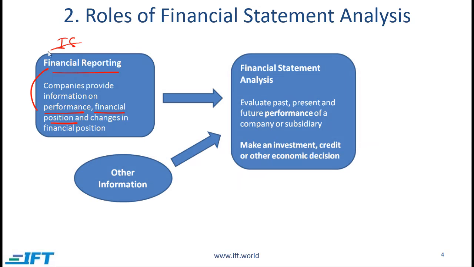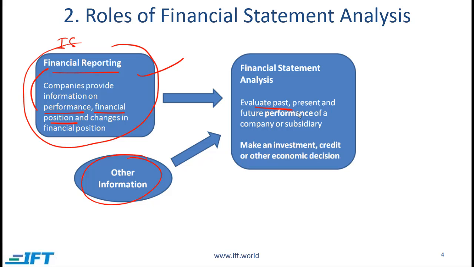The information that comes out of financial reporting is what feeds the financial statement analysis process. And not only does financial statement analysis use the reports that come from here, but other information is also necessary. We'll talk about this in more detail later. But essentially, what the analyst needs to do is evaluate the past, present, and future performance of a company or subsidiary.